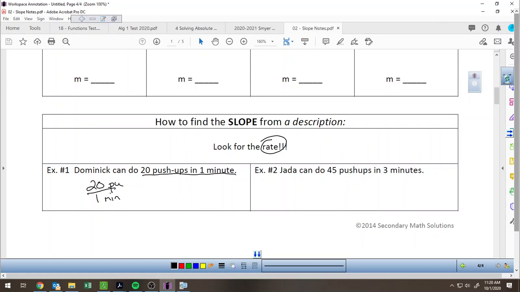If we were to graph that, it would be a very steep line of 20 over 1. Jada can do 45 push-ups in 3 minutes. I could simplify that. Both of those can be divided by 3, right? So it would be 15 push-ups in 1 minute.